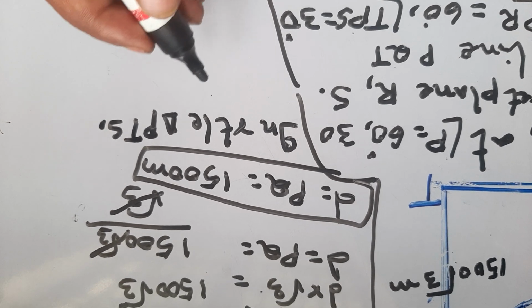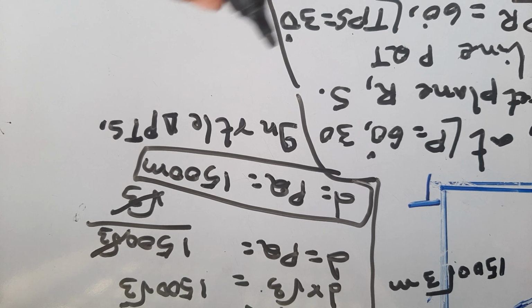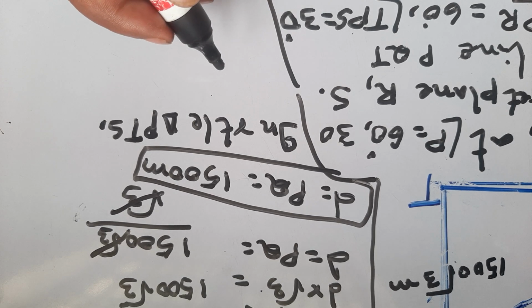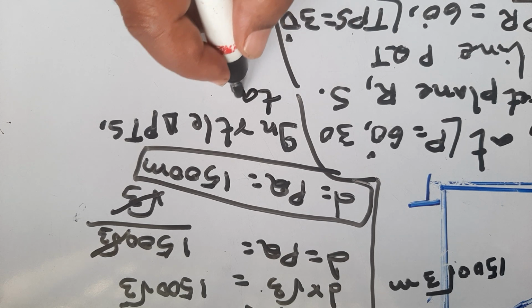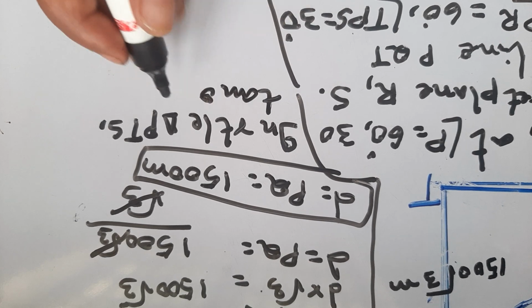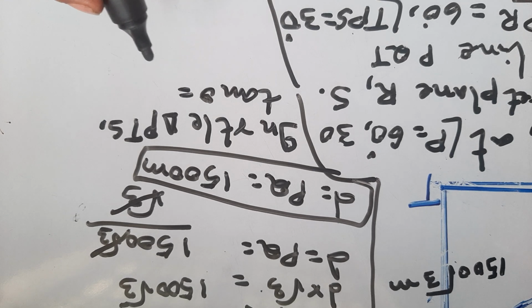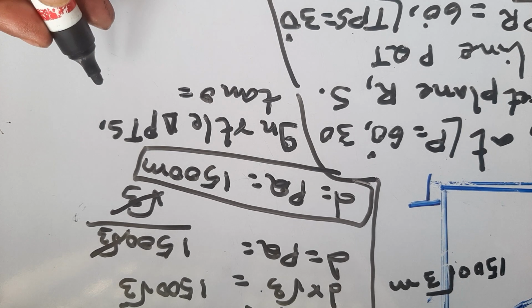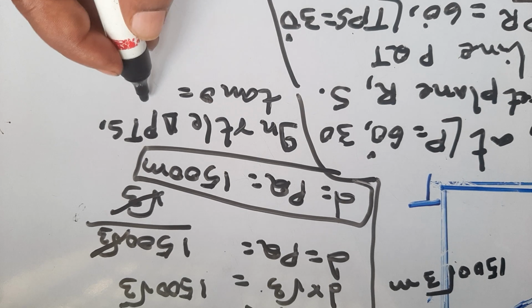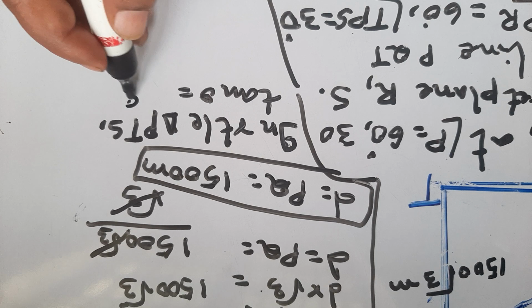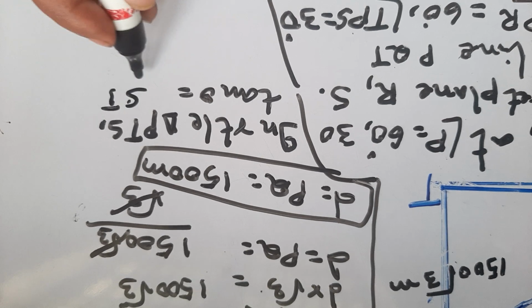Now, what we have to take is tan theta. Tan theta is equal to, from this right angle triangle PTS, opposite side ST divided by adjacent side PT. I am writing the shortcut because it is going to be very lengthy.